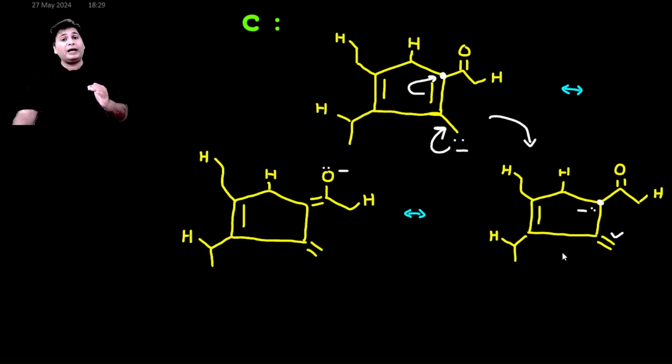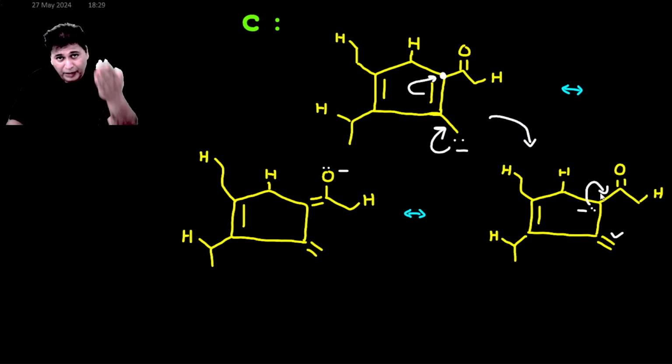Now you should understand, is there any possibility still left with this negative charge for resonance to happen? You have found yes. How? You see, minus charge, single bond, double bond. So there is a possibility, and therefore you should delocalize it further using that possibility, and it goes like this and makes a new pi bond there, and this pi bond simultaneously shifts on the oxygen.